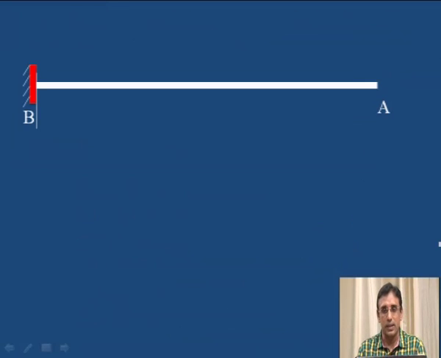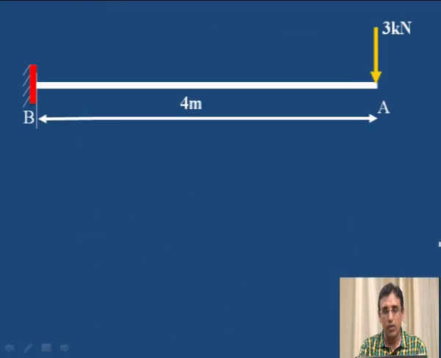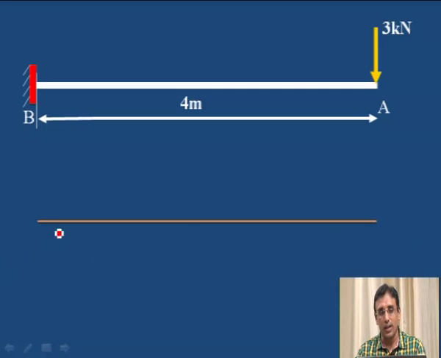Let us take this here. This is the beam that is given. First draw the horizontal line. Then we have the shear force at A, 3. You mark the 3 kilonewton upward. The scale is approximate, just a proportionate drawing you have to draw.